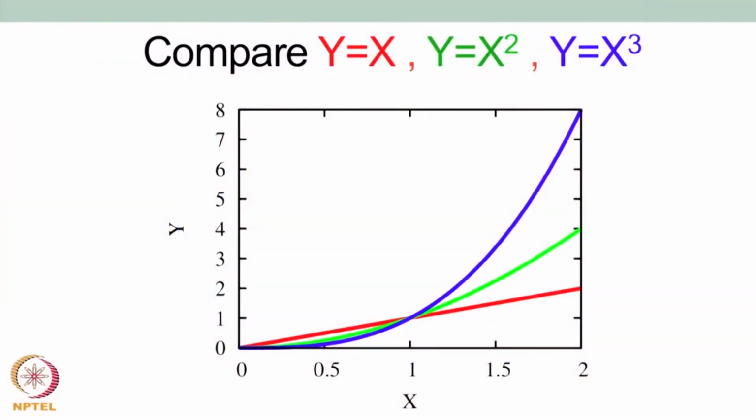Okay, so what I wanted to say next, we can have other functions now. y is equal to x power 4. So the next function could be y is equal to x power 4.